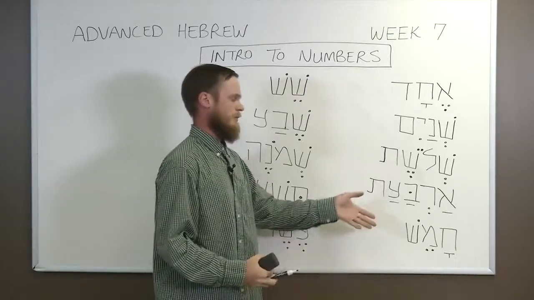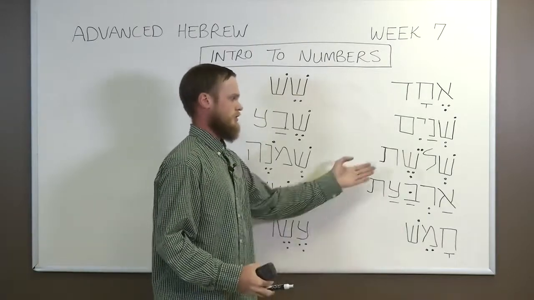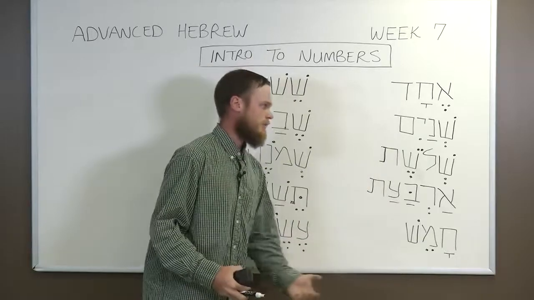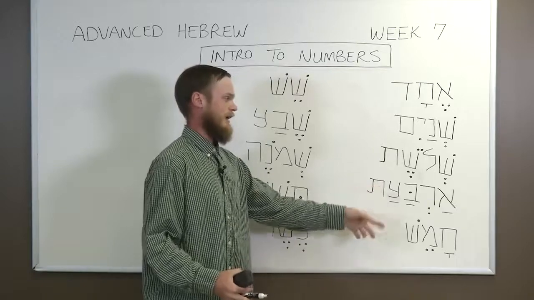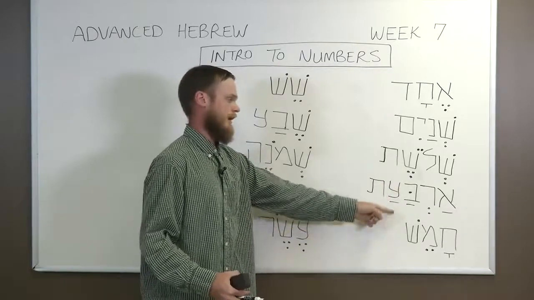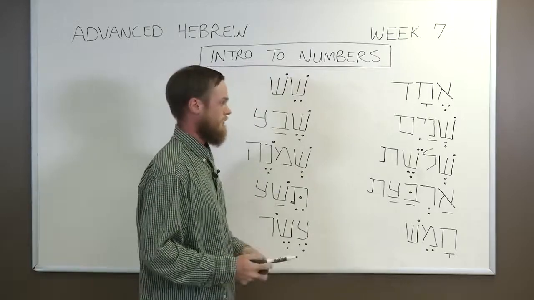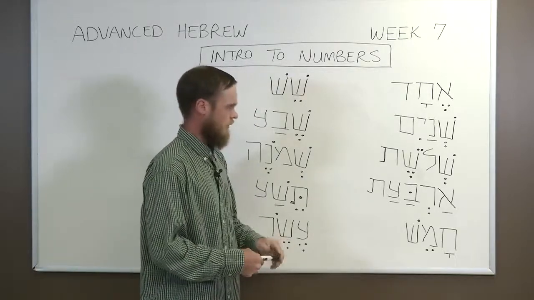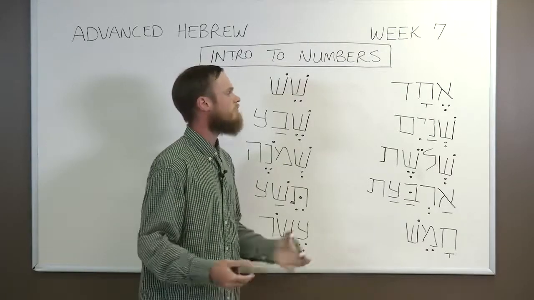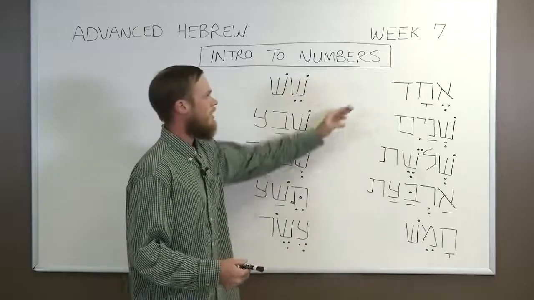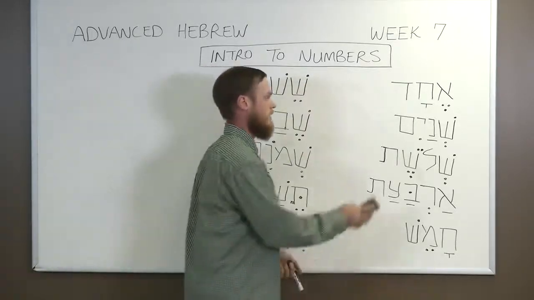So we've got to use the feminine forms to modify the masculine. The feminine adjective form simply takes the masculine form and adds the kometz hey, and the feminine construct state changes that hey to a tav and uses either a segol or a patach before that tav. So you'll see all that. If you want to practice learning your numbers, learn them in the adjective form, because that's how you'll normally say them anyway.